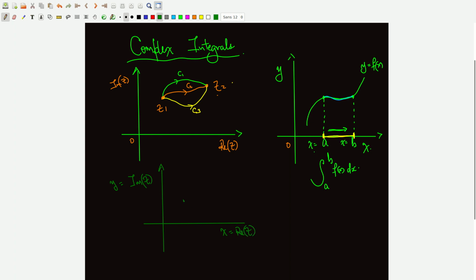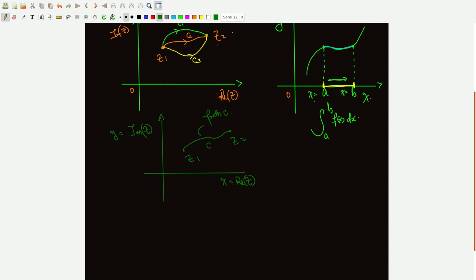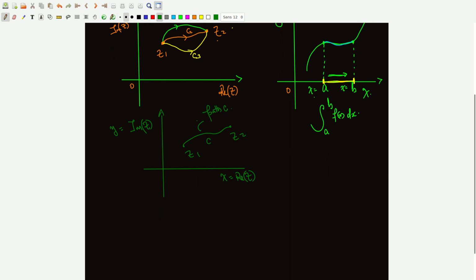Assuming we are integrating from z1 to z2, we shall have to define the path we are taking. If we call it c, one has to define this path c in the integration. Since we can follow multiple paths, it is important to define the particular path we are going to take.